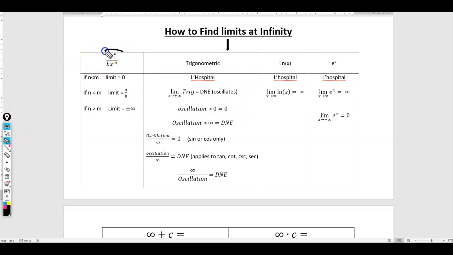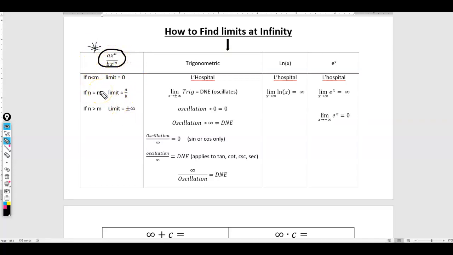Now technically, this is like a polynomial over a polynomial once again, just like we had earlier, but a slightly different rule. By the way, just so you guys know, L'Hopital will work for this as well. But there's another way that's faster. I'll demonstrate one when we get there.